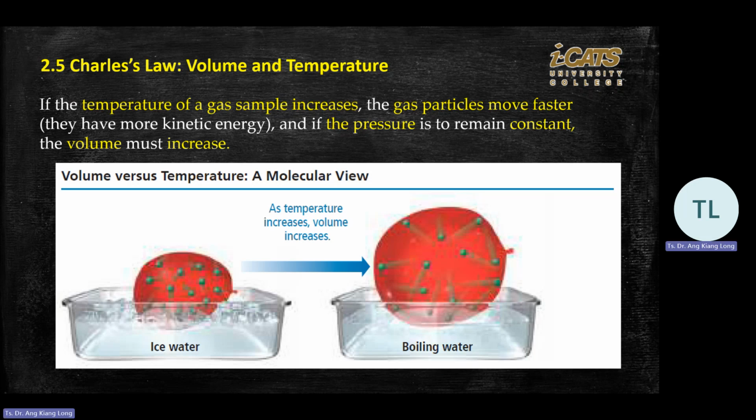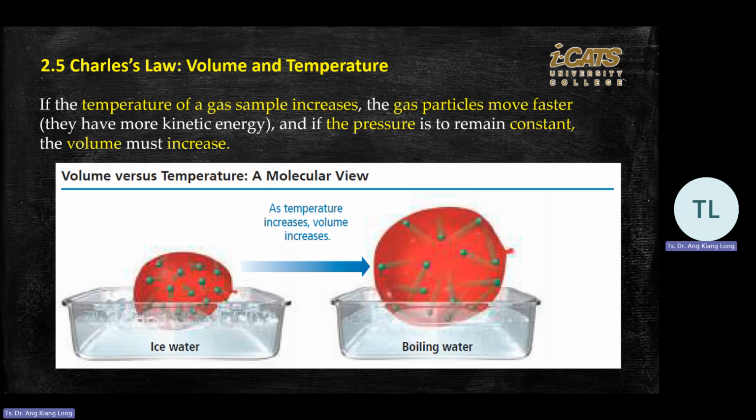So what actually happened? If you increase the temperature, the particles move faster, with more energy. If the pressure remains constant, volume will increase. Volume increases because the gas particles move faster. Right?